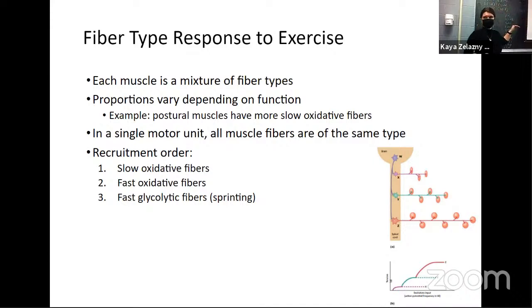Then our fast oxidative fibers, the ones that are intermediate in everything but do need oxygen, go second. And finally, our fast glycolytic fibers are recruited third. Those are the large motor units, and the fibers will physically be large because they don't need oxygen. They're doing glycolysis. We're going to have really fast twitches happening here.